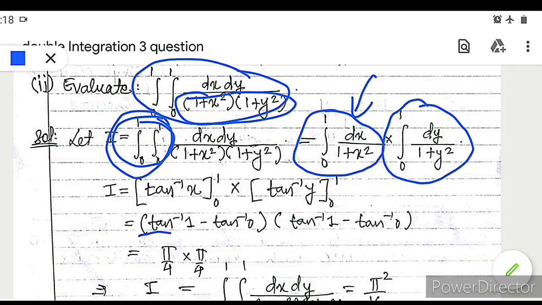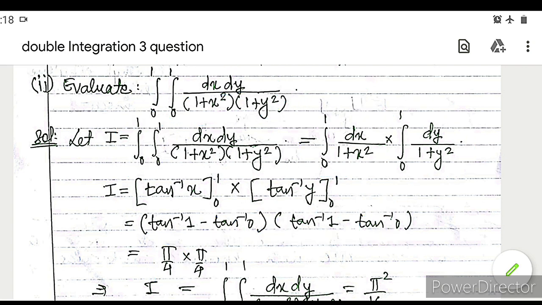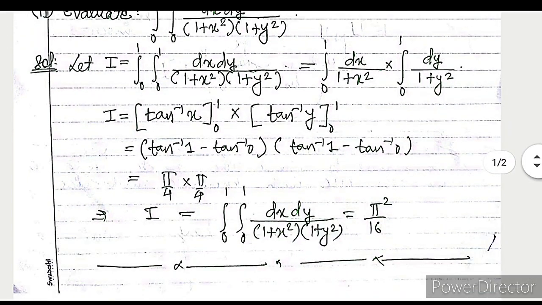After putting the limits, we have this step. Tan inverse 1 is pi by 4 and tan inverse 1 is pi by 4. The lower limit terms are 0, so we are not counting those. So the final answer, the value of this integration, comes pi square by 16.